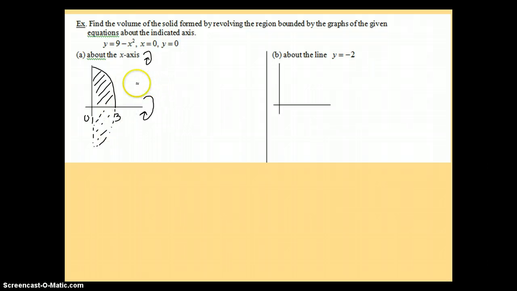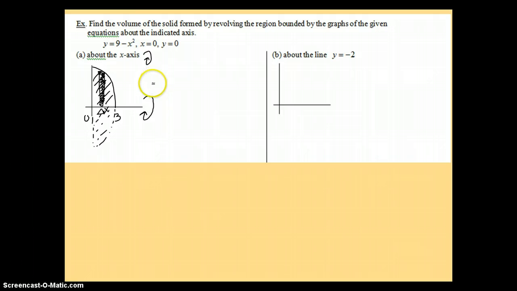If you were looking from this direction toward it, it would look circular, dome-like. So, like the other page said, if we have a representative rectangle that is going to be vertical, that means that we're talking in terms of x because of this delta x.